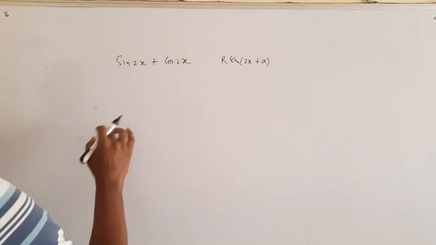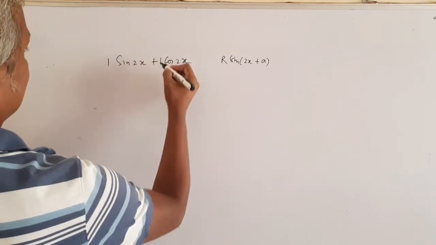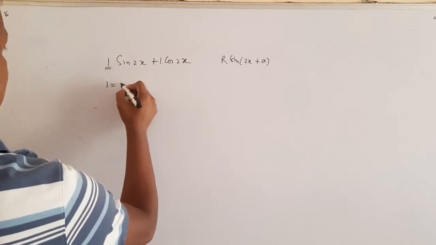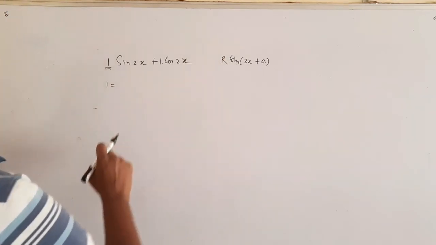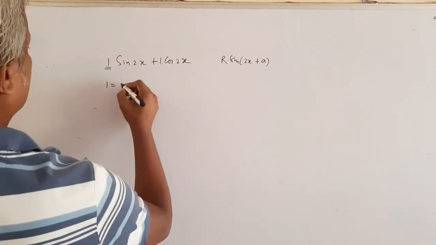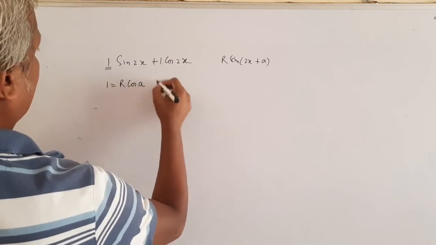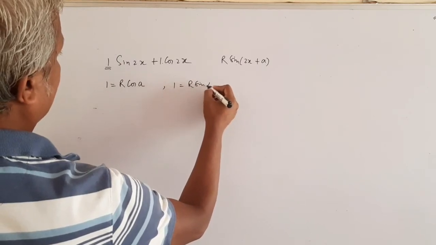So first for that, I can assume that 1 is hidden here and 1 is hidden here. So I can write this one as r cos a and this one is r sine a.